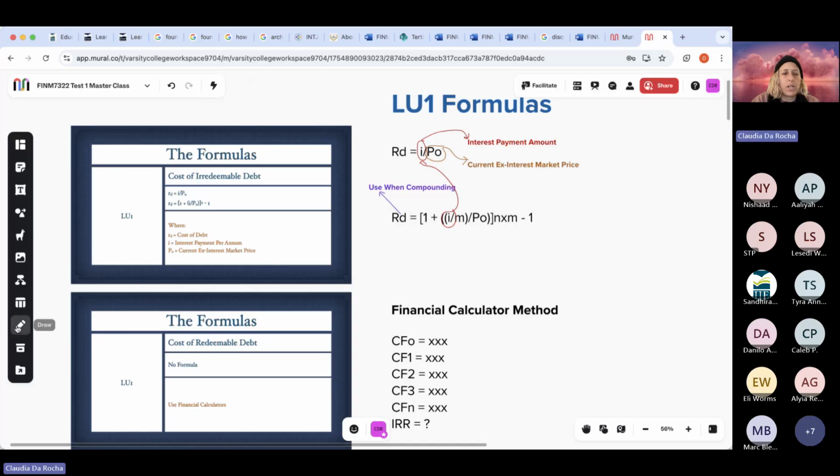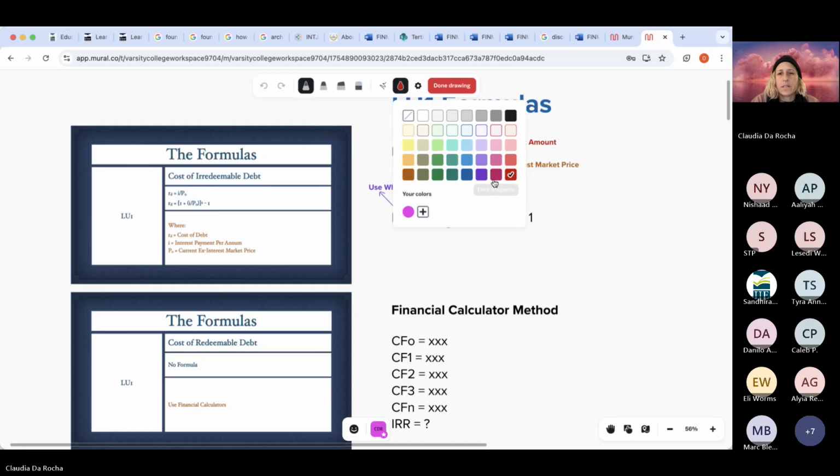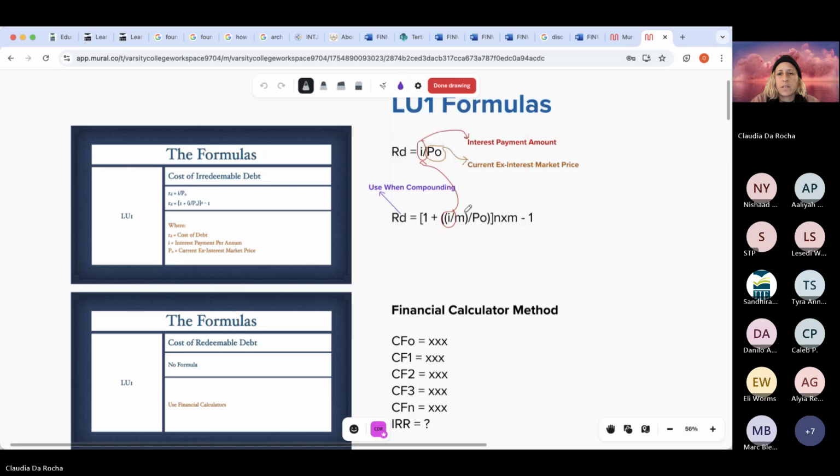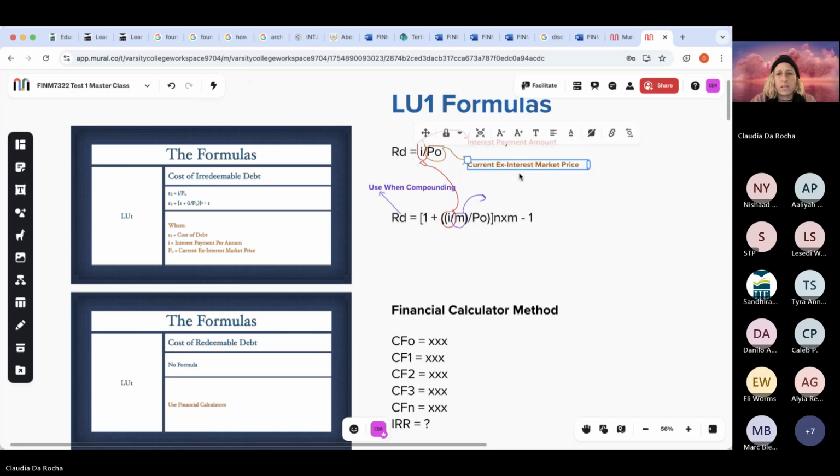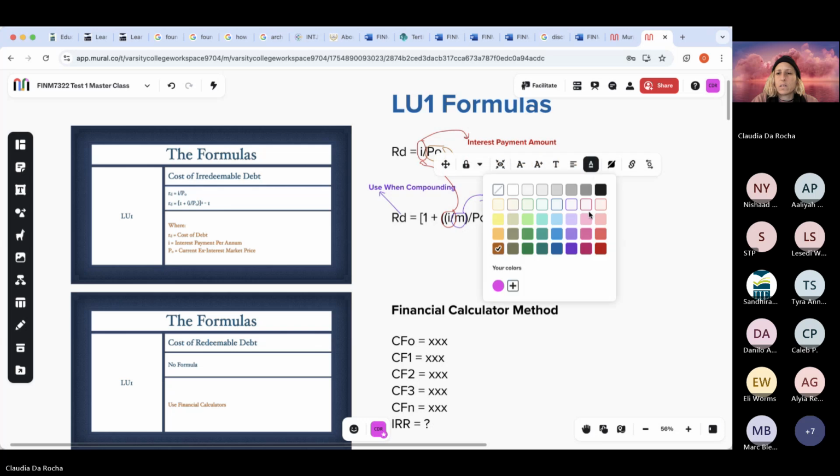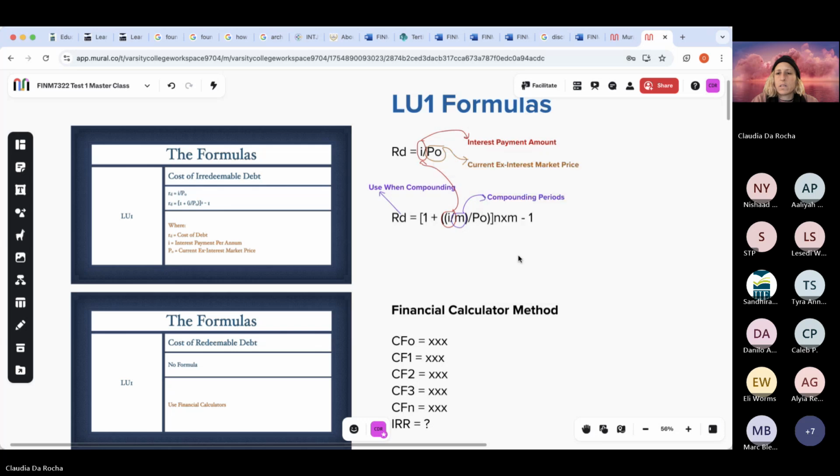Okay, M is for compounding. PO is the same as your current ex-interest market price.